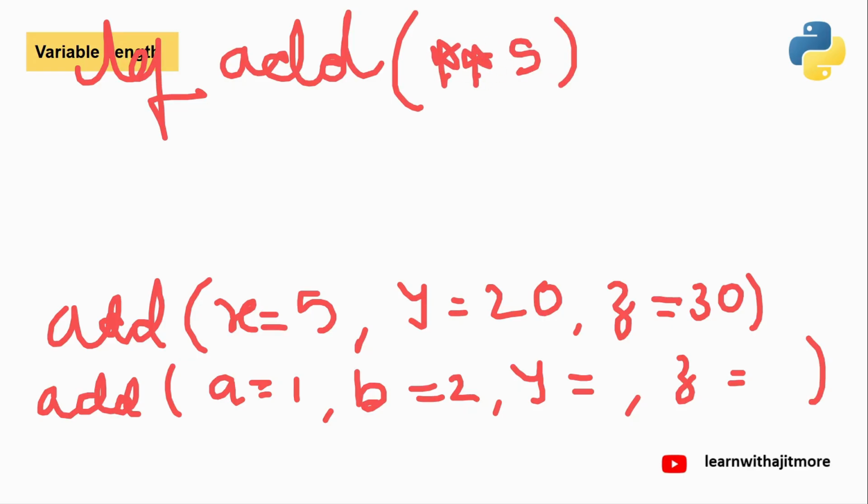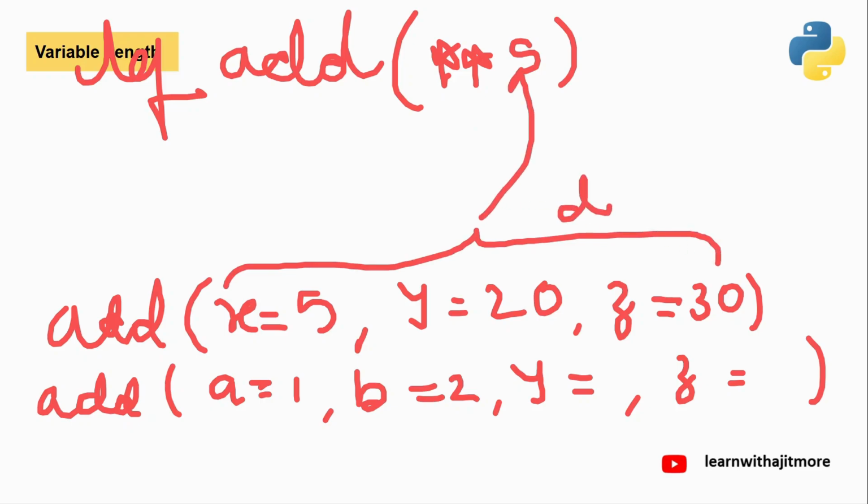When you put a double star, Python knows that all these are to be packed into a dictionary and then that dictionary is sent here. Again, is it using some data structure? Which data structure? Dictionary. This x is a key and 5 is the value, key value, key value. So it creates a dictionary of all these values and then passes that dictionary.